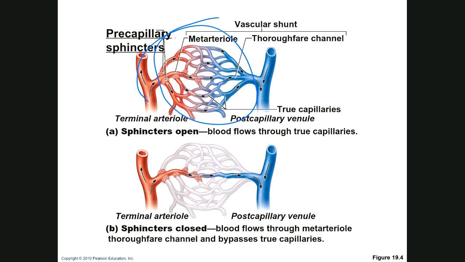Here, the blood is diverted by these sphincters closing, and the blood just goes straight through here. It's a thoroughfare channel, and the sphincters are not allowing the blood to go out into the tissues. They open and close according to the body's needs.